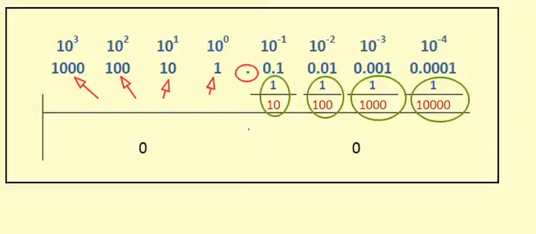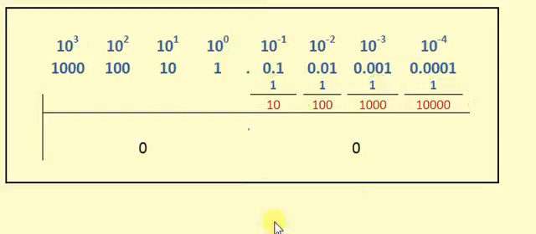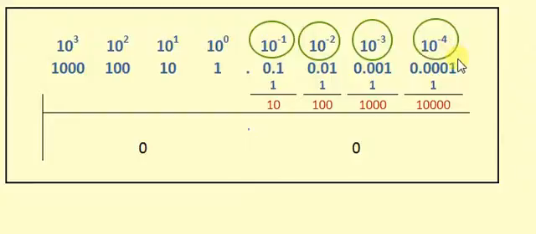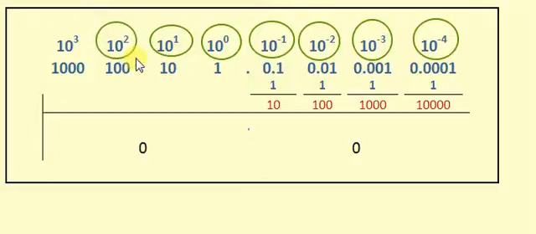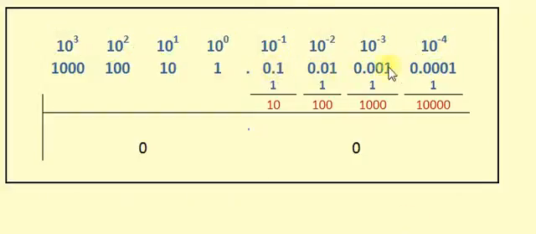In terms of number bases, we've got 10 to the minus 1, 10 to the minus 2, 10 to the minus 3, and 10 to the minus 4. So this progression of the exponents continues: 3, 2, 1, 0, minus 1, minus 2, minus 3, minus 4. So that's the progression down. And obviously these represent values.